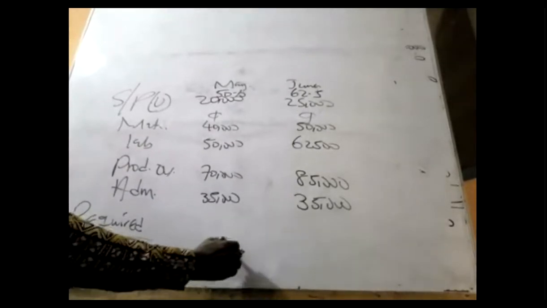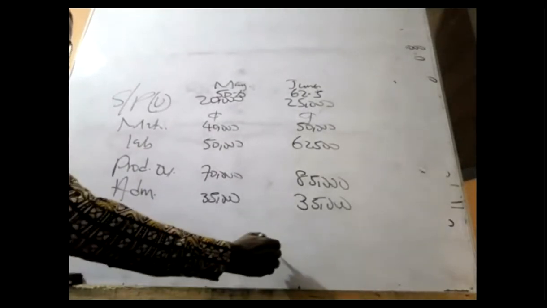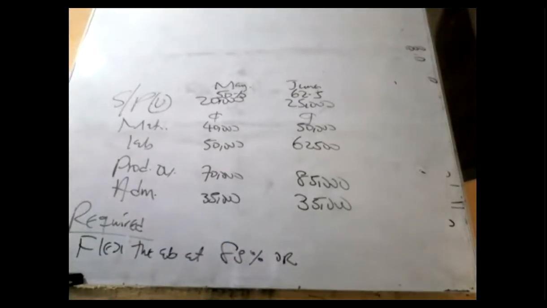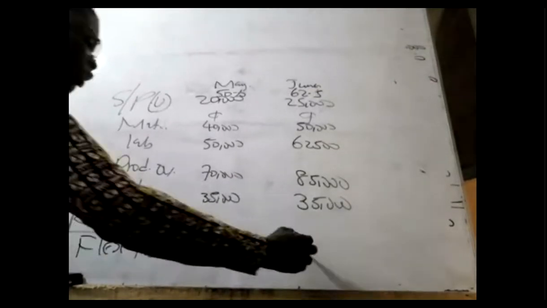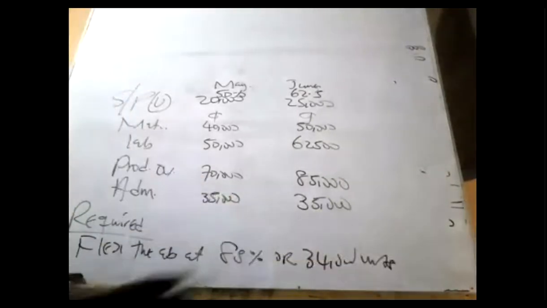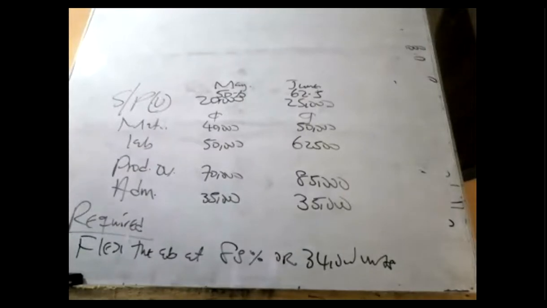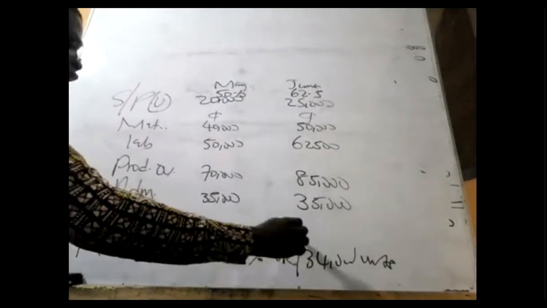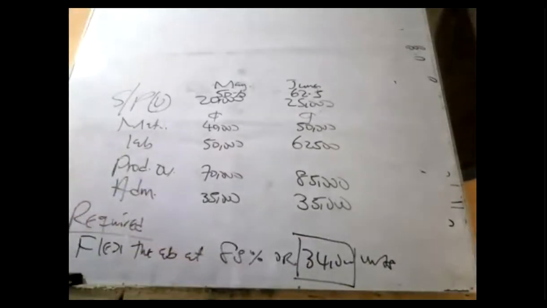At least 85%, or there's another with the unit. So 85% times a certain answer, that's 34,000 units. Now, I'll solve this question paying maximum attention to 34,000 units, and then ignore the percentage.